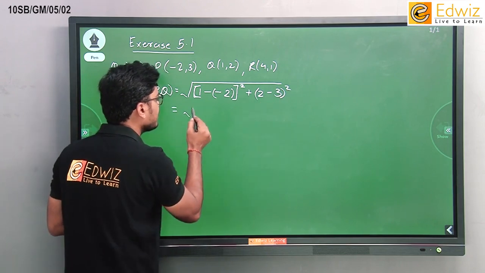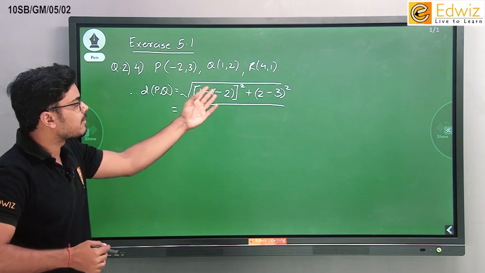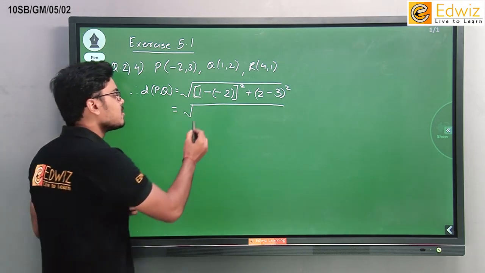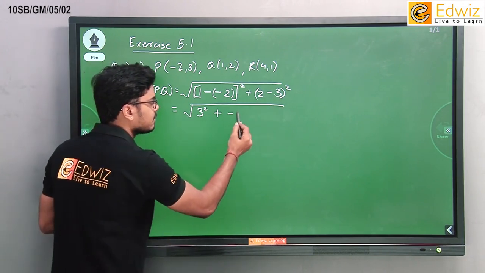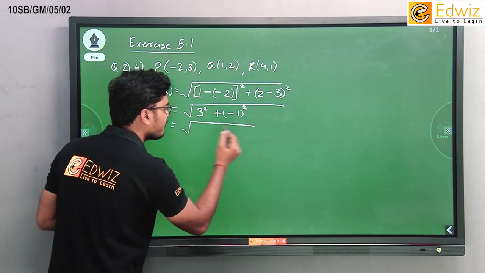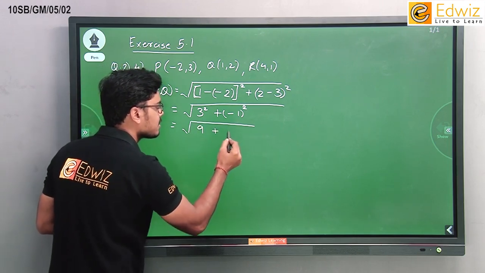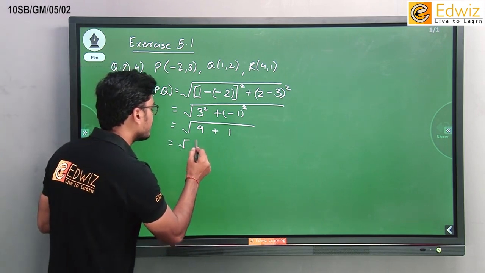When we calculate this, there are two negatives, so they will become positive. This will become 1 plus 2, that is 3. So 3 square plus 2 minus 3 is minus 1 square. So this will become square root of 9 plus 1. Basically what we are getting here is square root of 10 units.